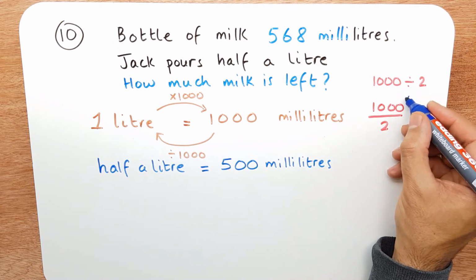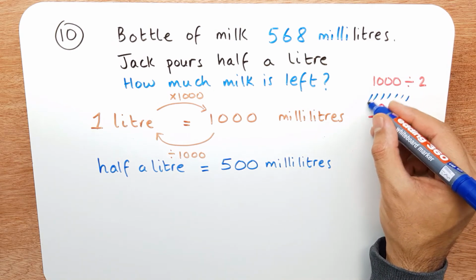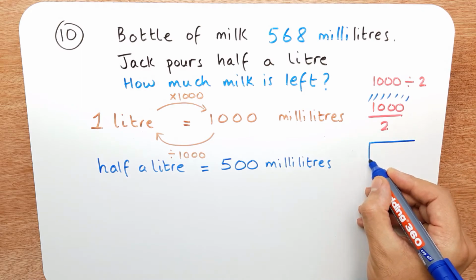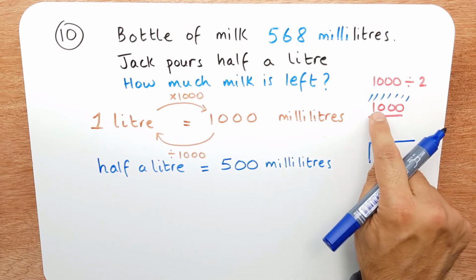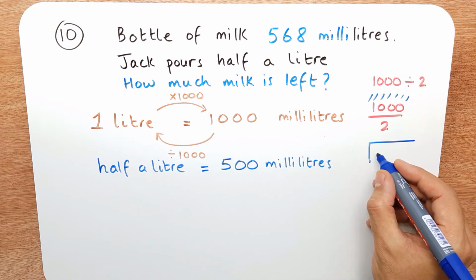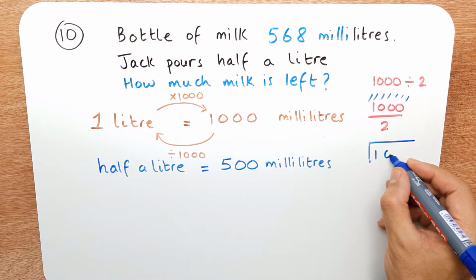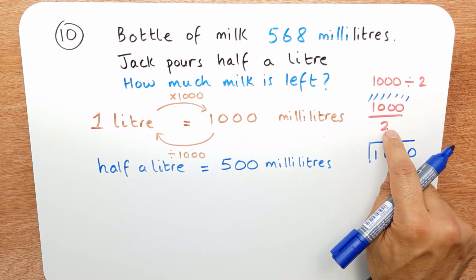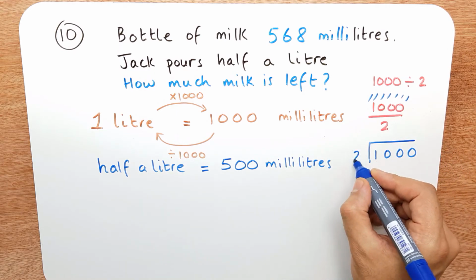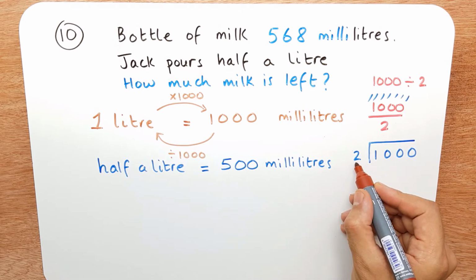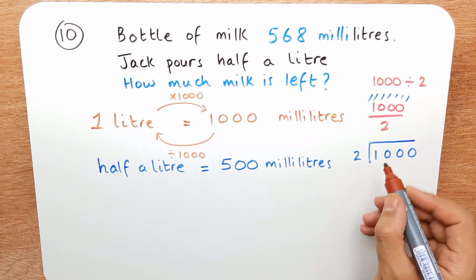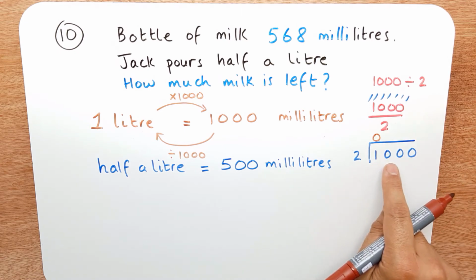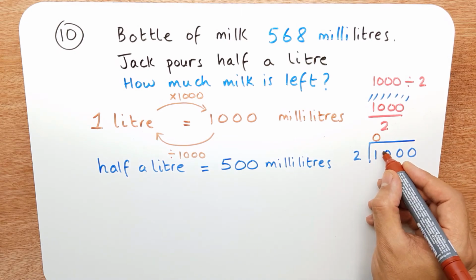Now it's raining. The 1000 is getting wet, so what I do is I build a bus shelter. And I'm going to put this 1000 here. So we have 1, 0, 0, 0. And the 2 has to go outside. Now, how many 2s are there in this 1? 0. Now, this 1 gets carried over to the next column.